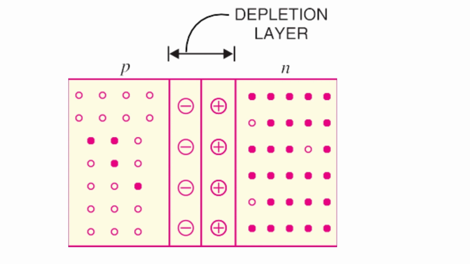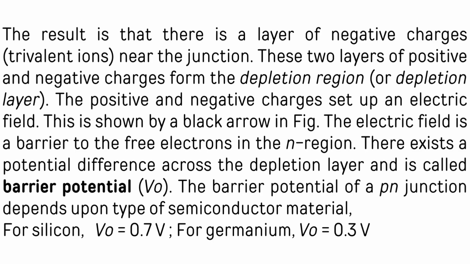Now in the middle, ions are formed, which form a depletion layer, as shown in the figure. The result is that there is a layer of negative charges, trivalent ions, near the junction.